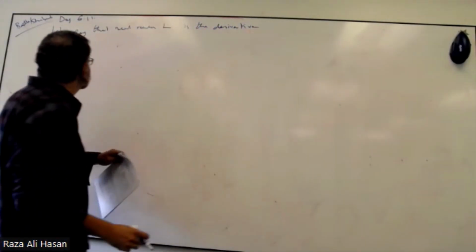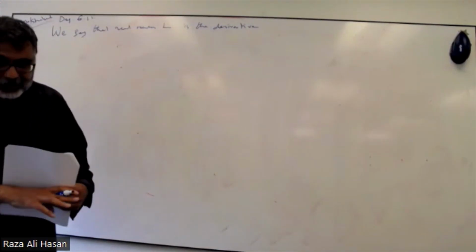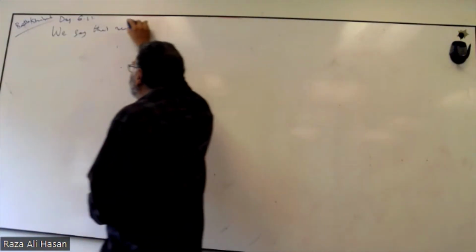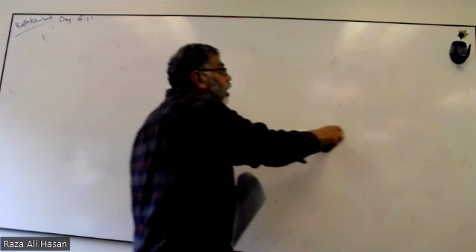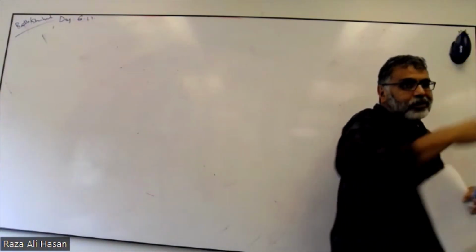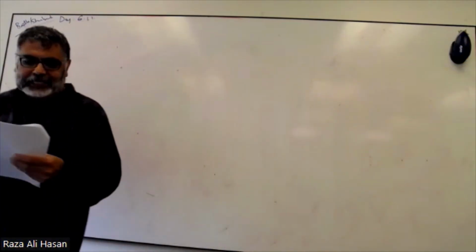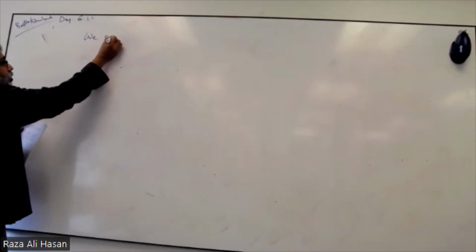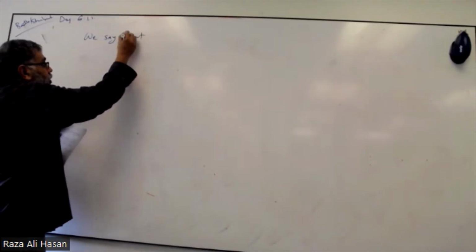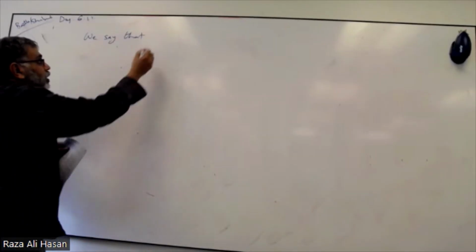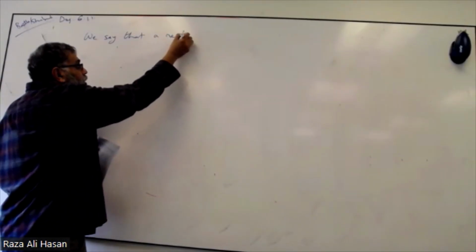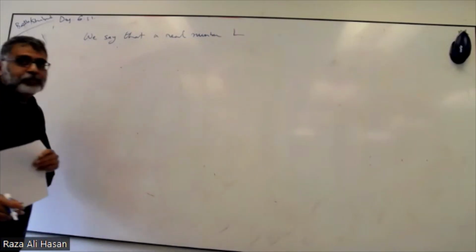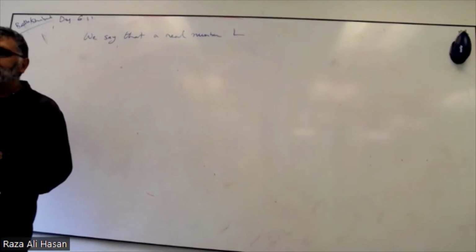Now my handwriting is going really bad. You jinxed me. And it's too far up. I'm going to try this again. We say in English that we have a real number L. As soon as I put L, what are you thinking in your head?